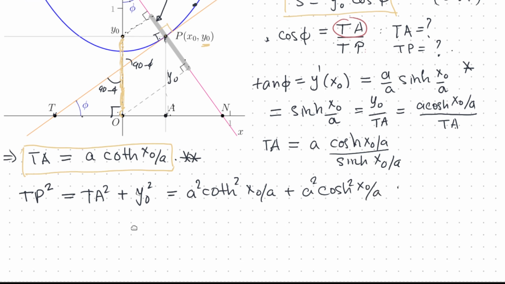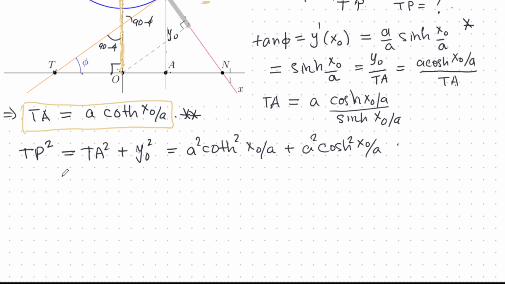Now I want to show you a cool trick, which is to factor out the coth. What I'm going to do is multiply this term by sinh squared of x0 over a over sinh squared of x0 over a.